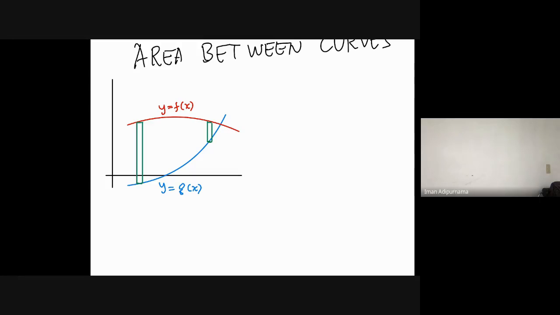And similar to our Riemann sum, we add all the rectangles, and then we define that sum as our integration.